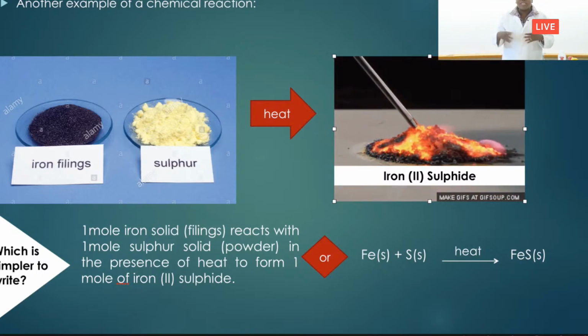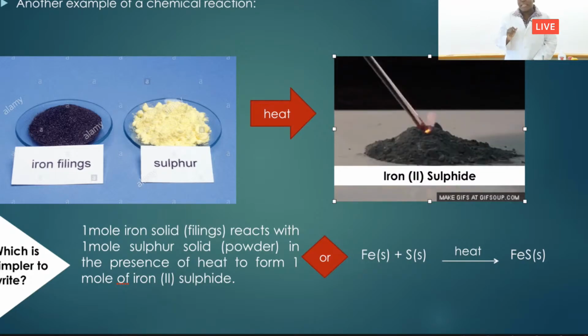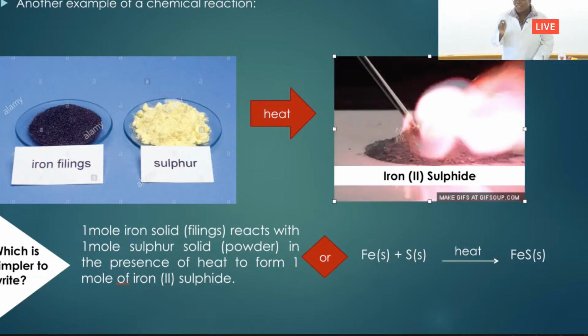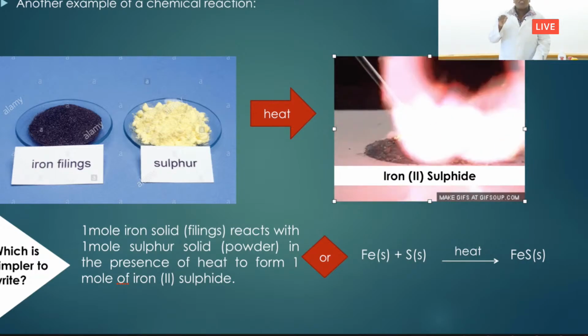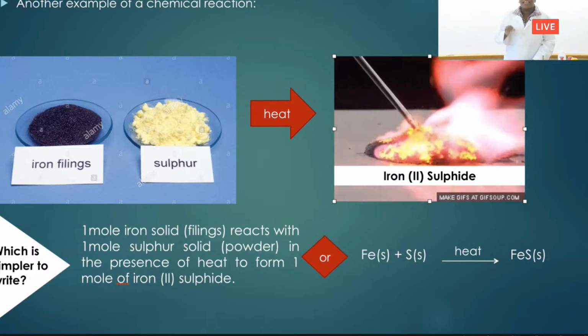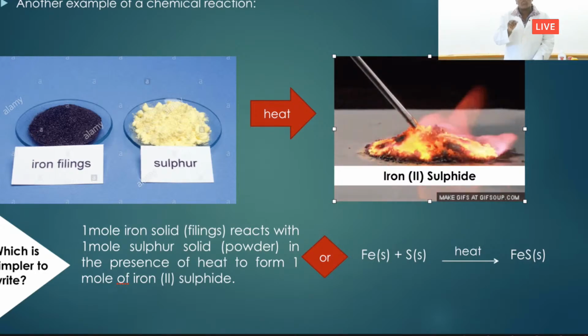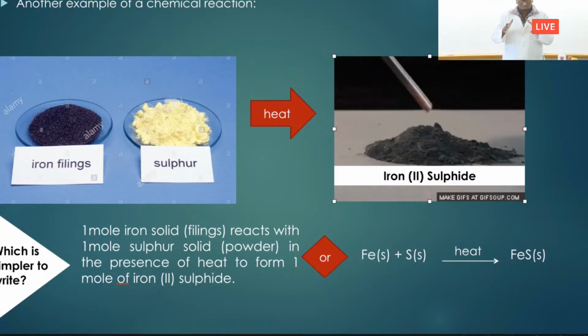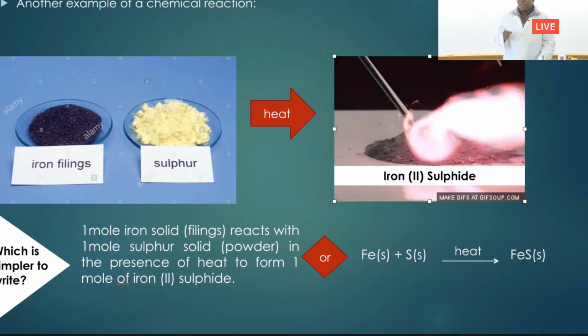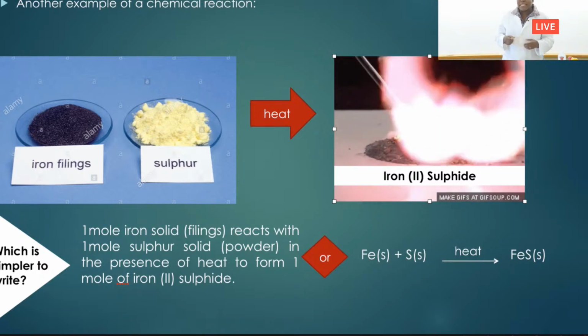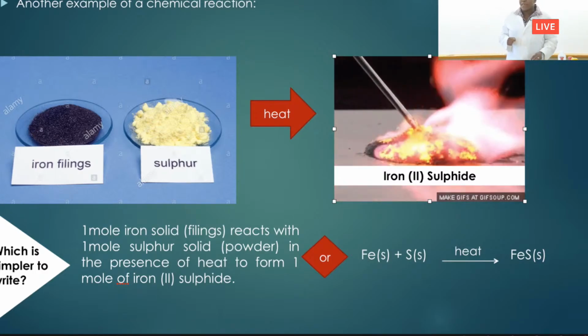It would just be a mixture of iron and sulfur, just a mixture. But when I apply heat, look at what happens. A new compound is formed. It's called iron 2 sulfide. Okay? So that's a reaction taking place. So just by applying the heat, we get a new reaction taking place.